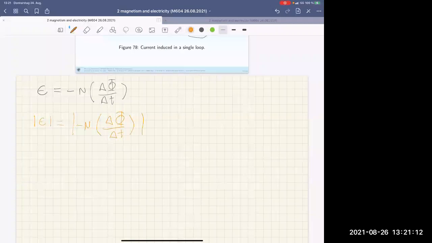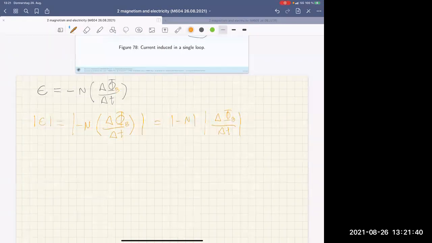The absolute value will be distributed to both quantities, so it's going to be the absolute value of N and the absolute value of delta phi B divided by delta t right here.